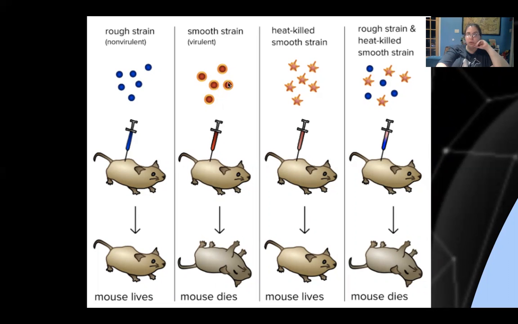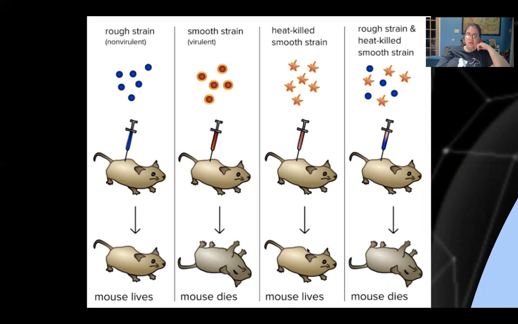Then he took the smooth strain, the one that killed the mice previously, and he killed the cells with heat. Then he injected the dead smooth strain cells into the mice, and they lived. So when these smooth cells are alive, they kill the mice, but when they're dead, the mice survive.